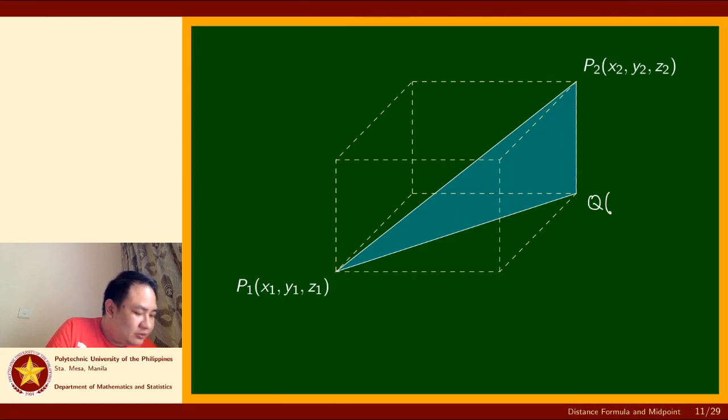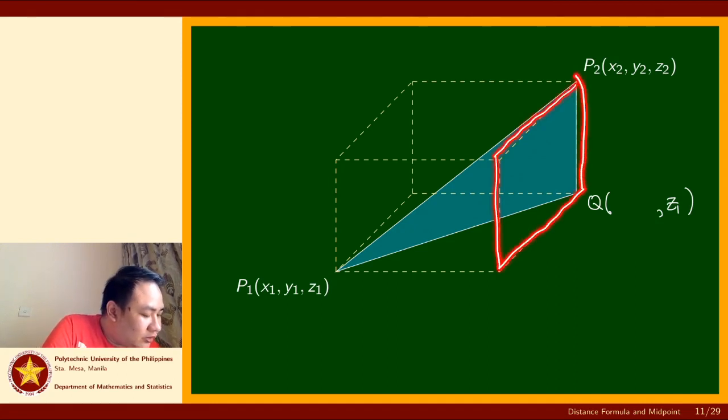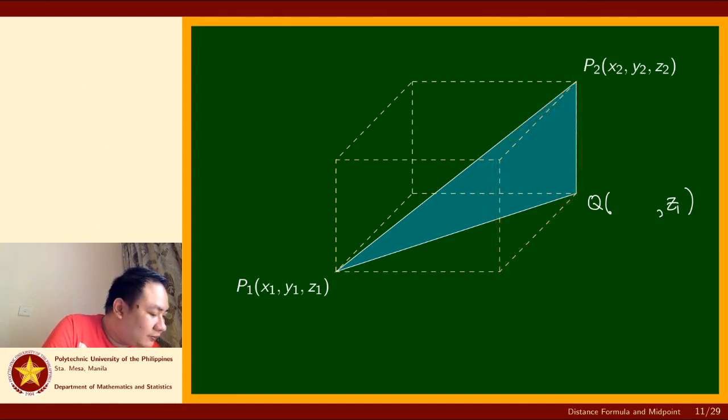So therefore, these points P1 and Q must have the same z coordinate. That's why they should be z1. Okay? Notice that P2 and Q are on the same plane parallel to the xz plane, sorry. So in this case, it indicates that P2 and Q have the same y coordinate.